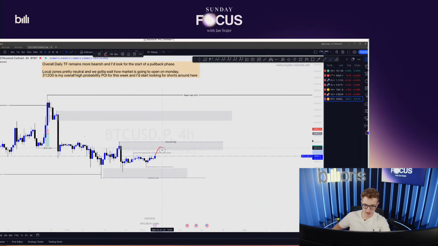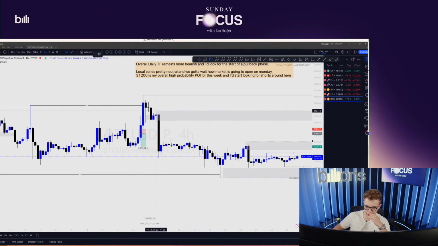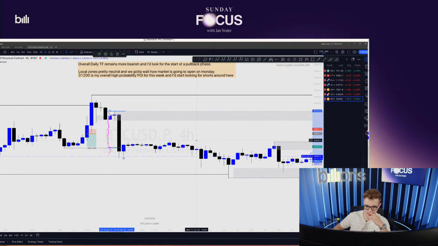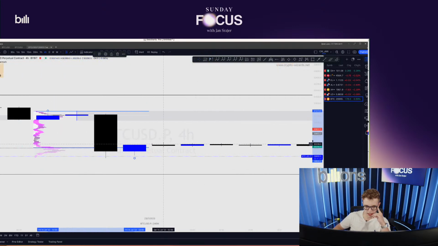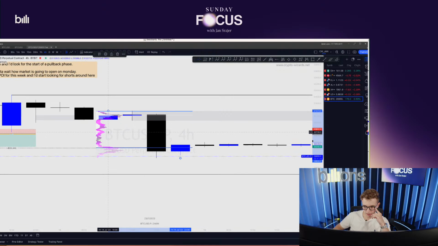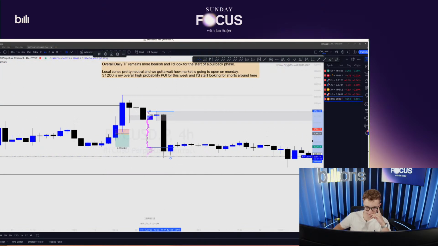Once we really claim this zone, then we are looking for a move up to 31,300, because there is nothing in between. If you pull a volume profile on these two or three candles, there is a minimum of volume created on the way to the downside.